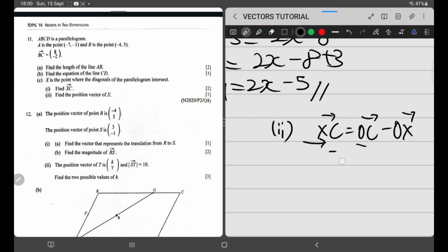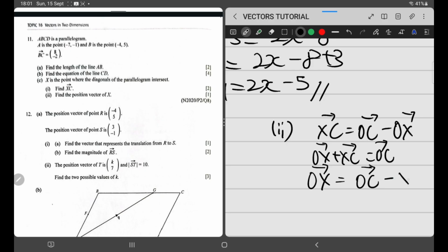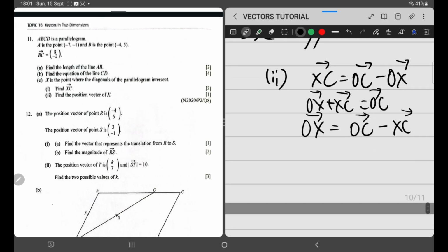Okay, wait a minute, let's just do it slowly. You want to find OX. So OX plus XC is OC, so OX is OC minus XC. Yes, great.